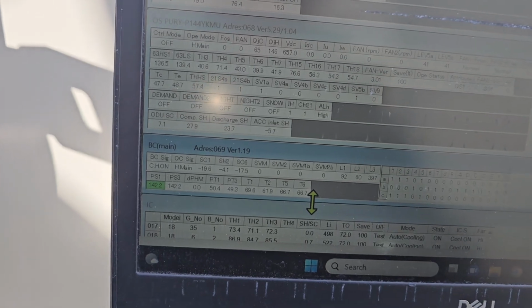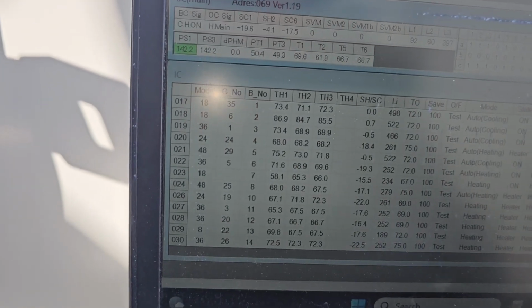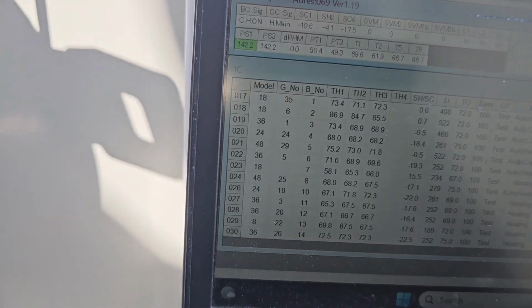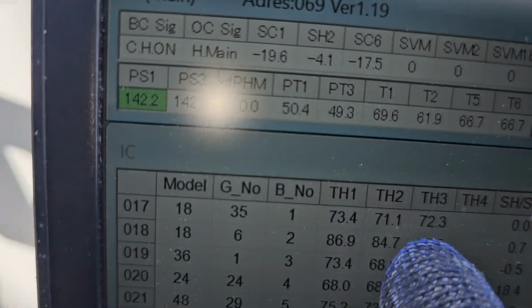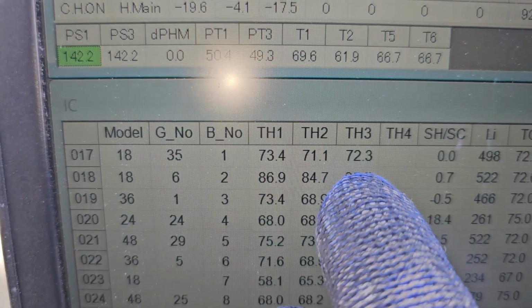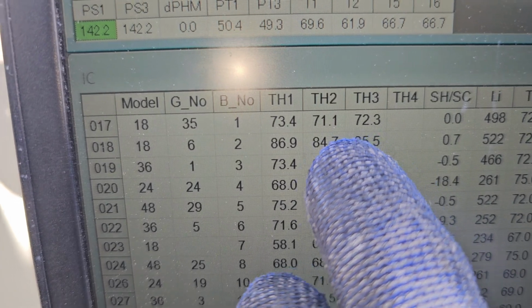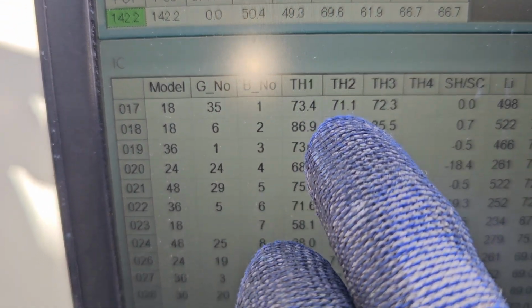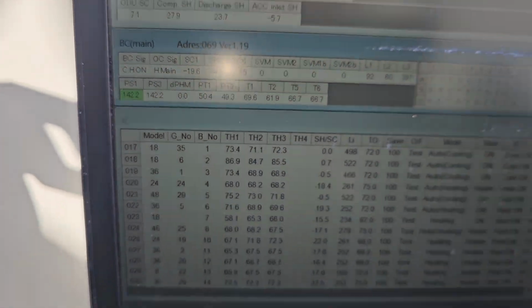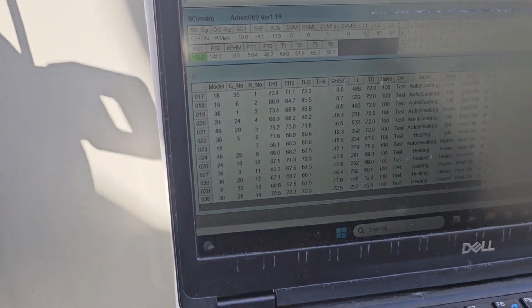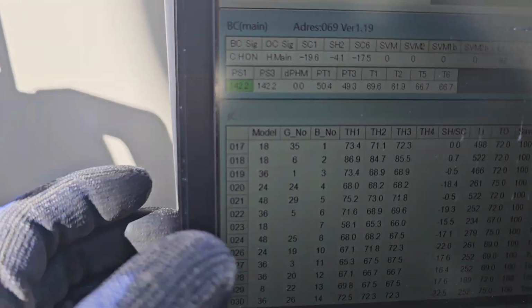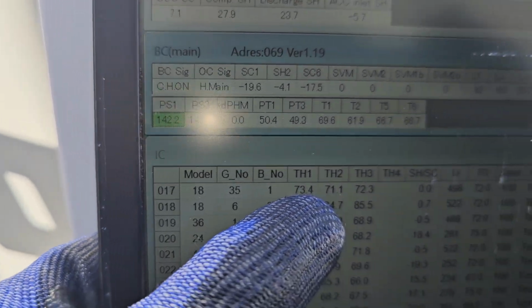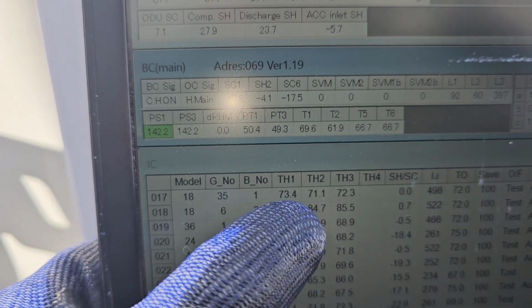It's one thing you got to keep in mind, that you got to understand what the thermistors are telling you, right? So TH3 right here, oh, it's 72. TH2 is 71. That's our pipe temp on our indoor units. Well, that's also the same temperature as the indoor temp, so 73 degrees.